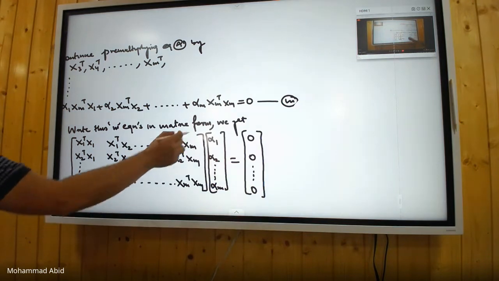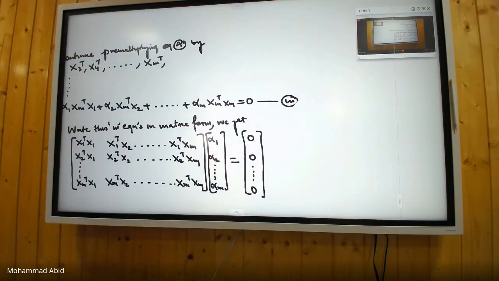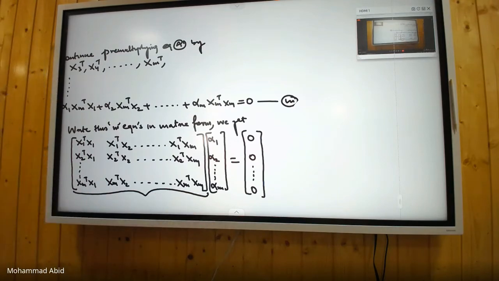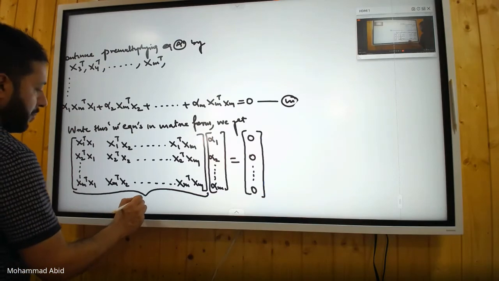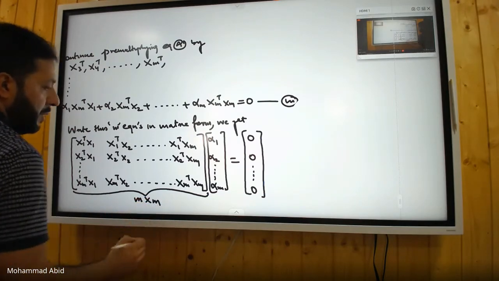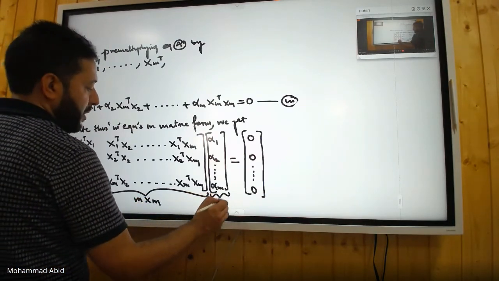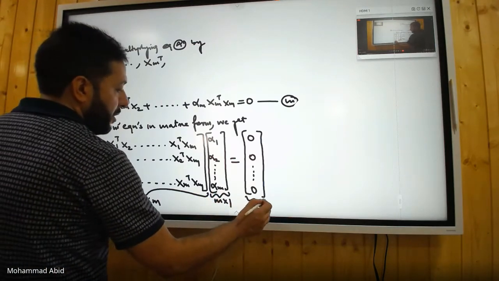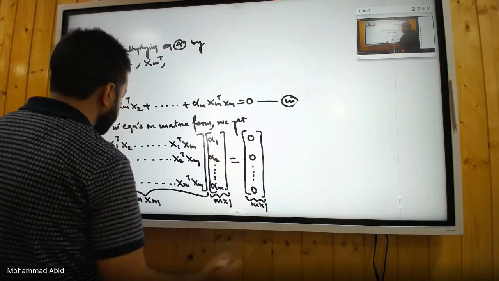Now what is the dimension of this matrix? Yes. M cross M, isn't it? And this is an M cross 1 vector of alphas. And this is also M cross 1.